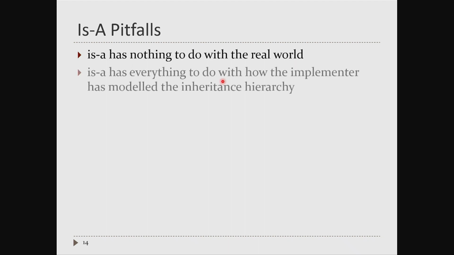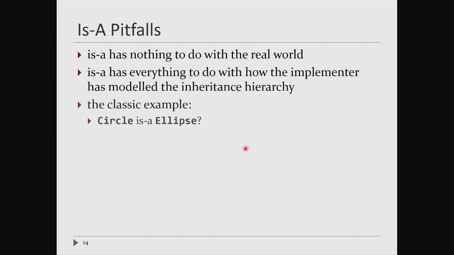So for example, the example's coming up. Is-a, or is substitutable for, is only related to how the implementer, you, the programmer, has modeled the inheritance hierarchy. The classic example, which you can find easily if you Google inheritance circle ellipse, is circle and ellipse.